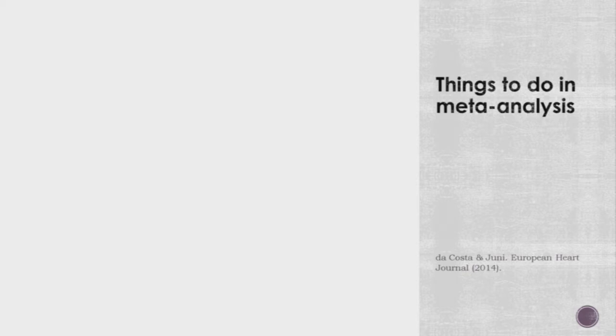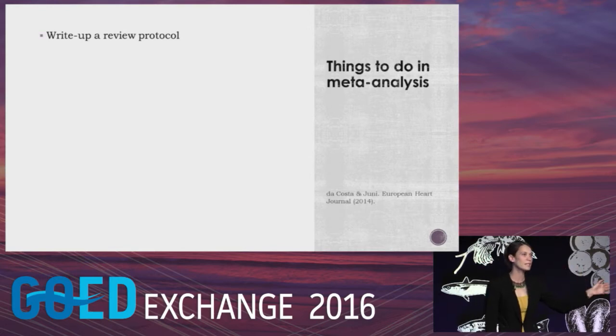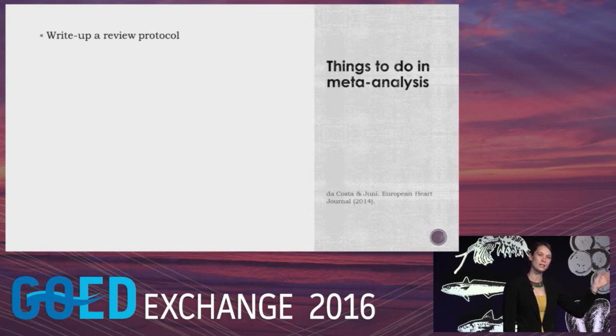Okay, so things to do in meta-analysis. First, write up a review protocol, okay? And register that protocol, so it's out there. Before you collect your first piece of data from the literature, you want to have that protocol and you want to stick to that protocol.